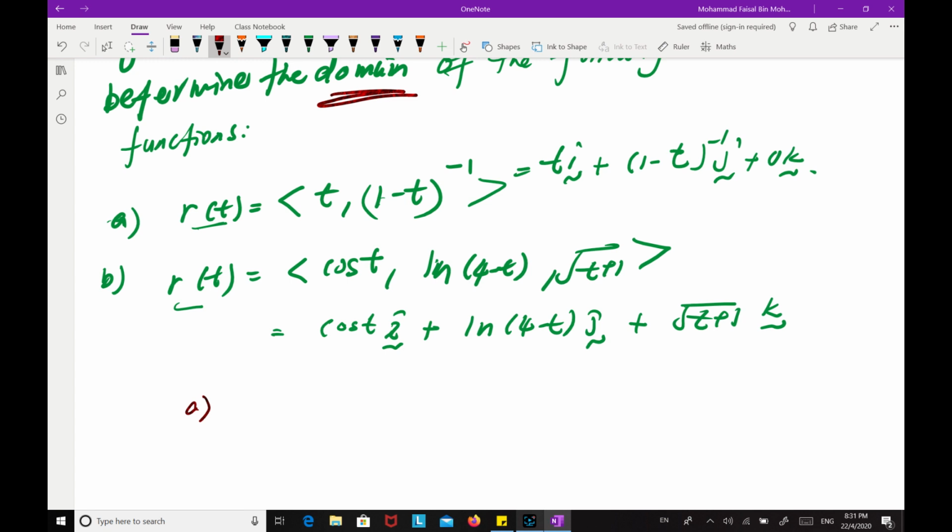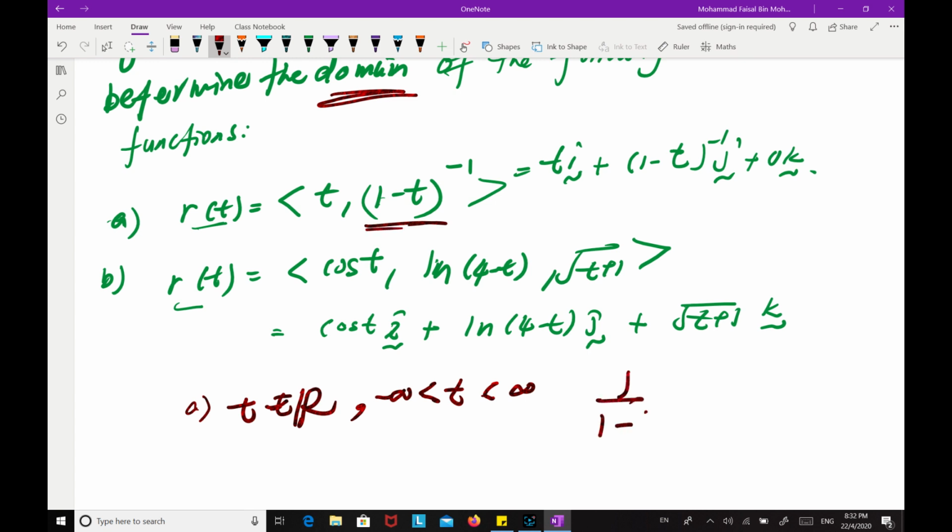Okay, so t element of R. So your t can be anything. Your t is from negative infinity to infinity.